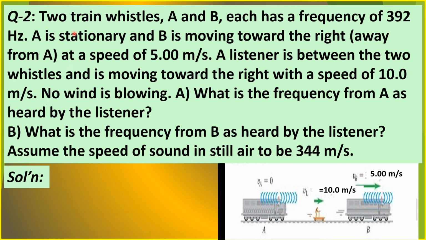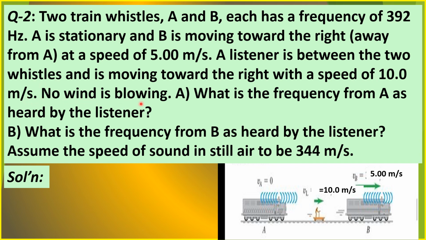Question number 2. Two train whistles, A and B, each has a frequency of 392 Hz. A is stationary and B is moving toward the right, that is away from A, at a speed of 5.00 meters per second. A listener is between the two whistles and is moving towards the right with a speed of 10.0 meters per second.